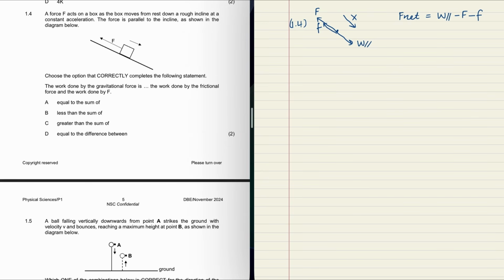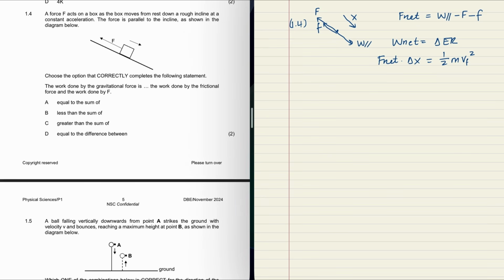So we can then use the work formula. We can say that W net is equal to delta EK. So W net can be rewritten as F net times delta x, and that's equal to, now since the object started at rest, its initial kinetic energy is 0, so the change in kinetic energy is only going to be half mv final squared.